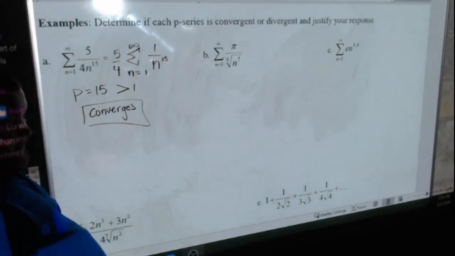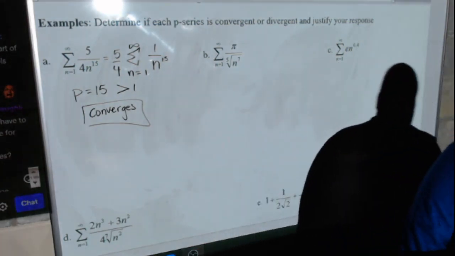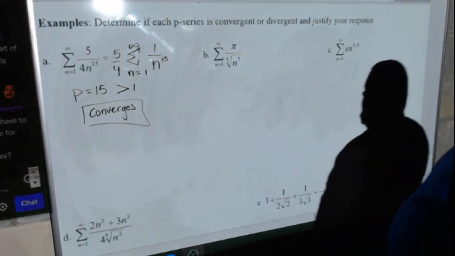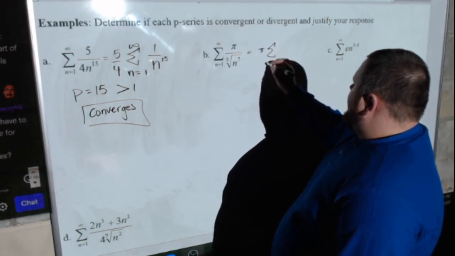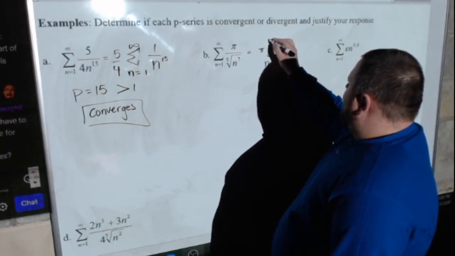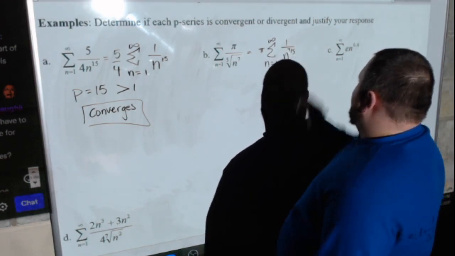Now we have to do this for b. This one is pi times the sum from 1 to infinity of 1 over n to the 7/5.